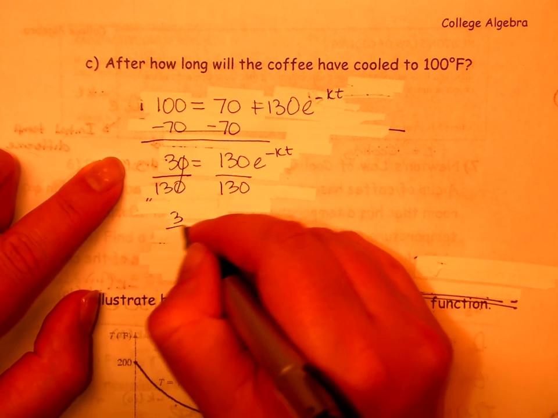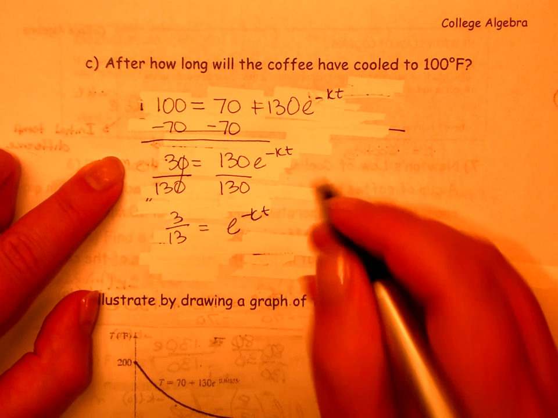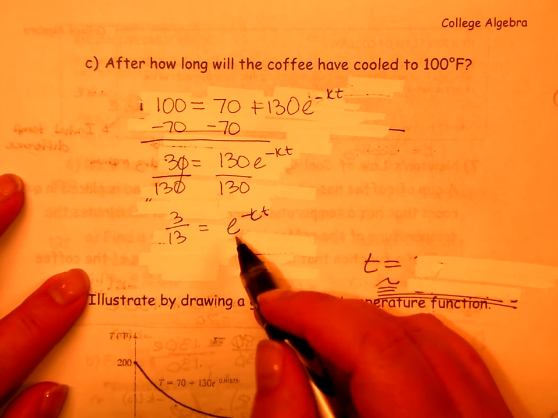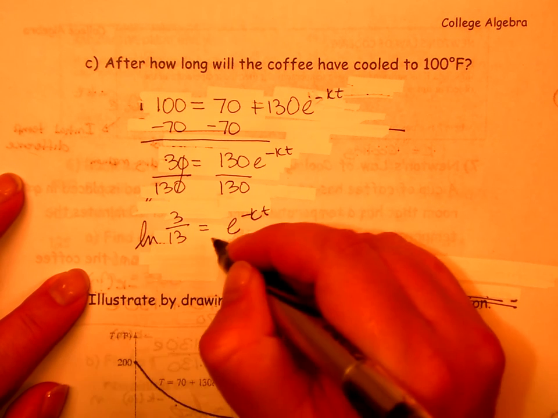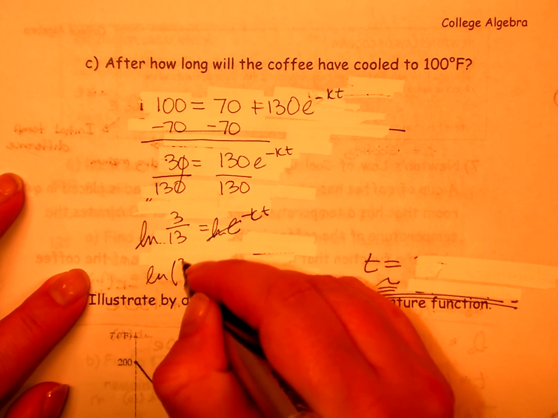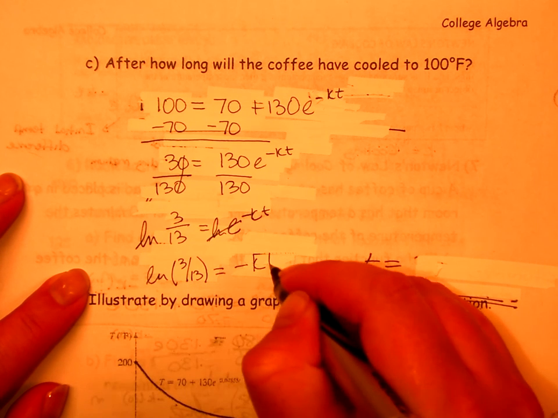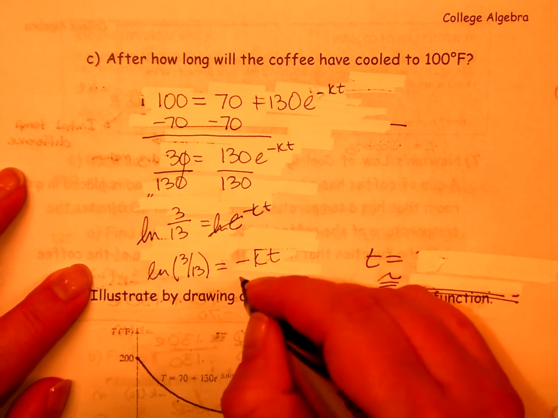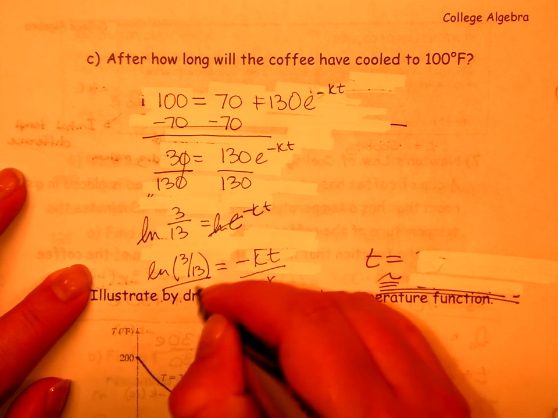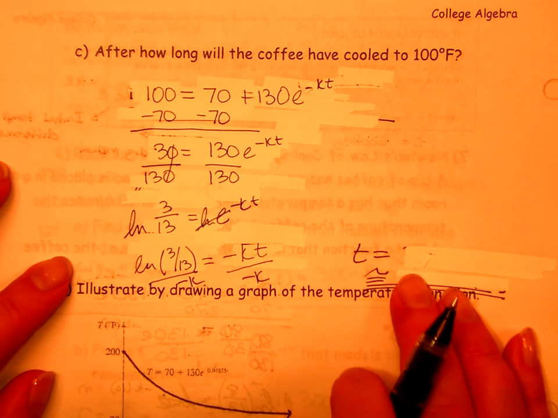So I get 3/13 equals e to the negative kt. And then I want to cancel the exponential, so I'm going to ln both sides. So I get ln of 3/13 equals negative kt. So I'm just going to divide by negative k here. And then that's going to give me my t value.